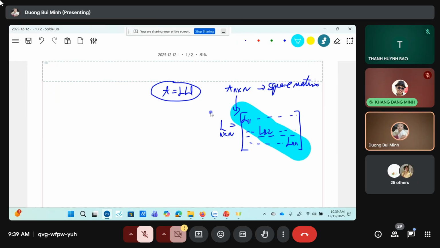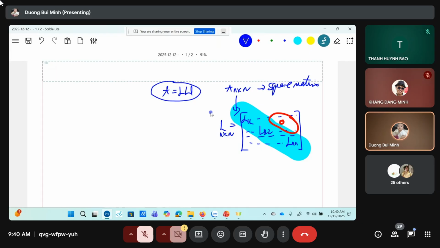For the lower triangular matrix, the elements above the diagonal should be 0. So here is 0.